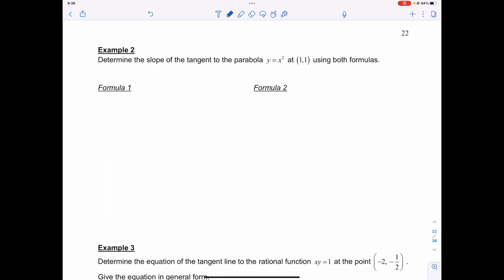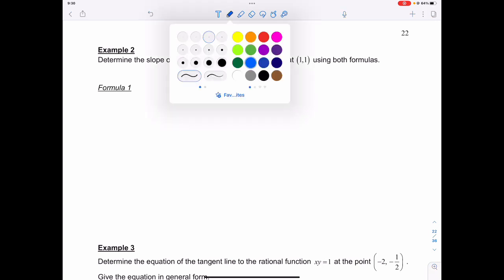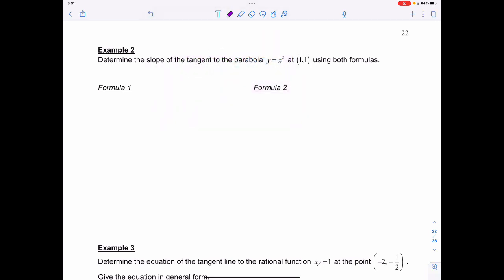So we can use either one of these formulas and we should wind up getting the exact same slope. They're both representations of slope. So I can either use my formula 1, the slope is equal to the limit as x approaches a of f of x minus f of a divided by x minus a.